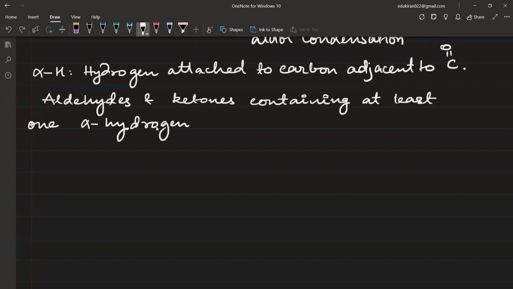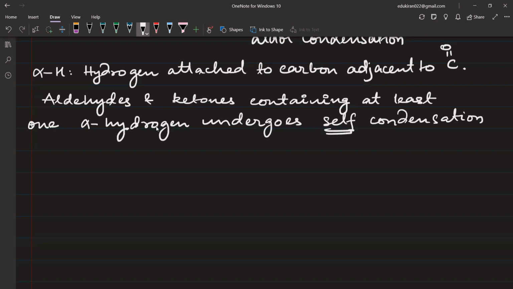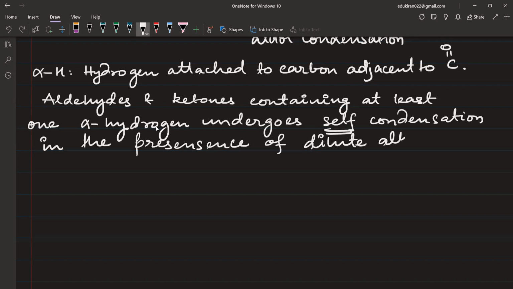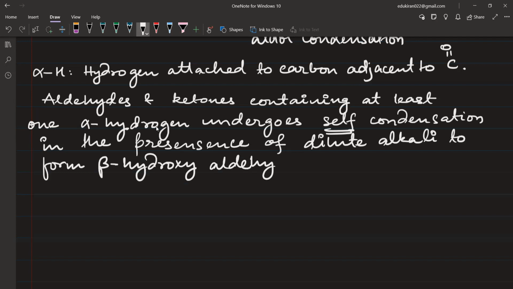Alpha hydrogen undergoes self condensation, that means it reacts with itself in the presence of dilute alkali to form beta hydroxy aldehyde or ketone, also known as aldol.